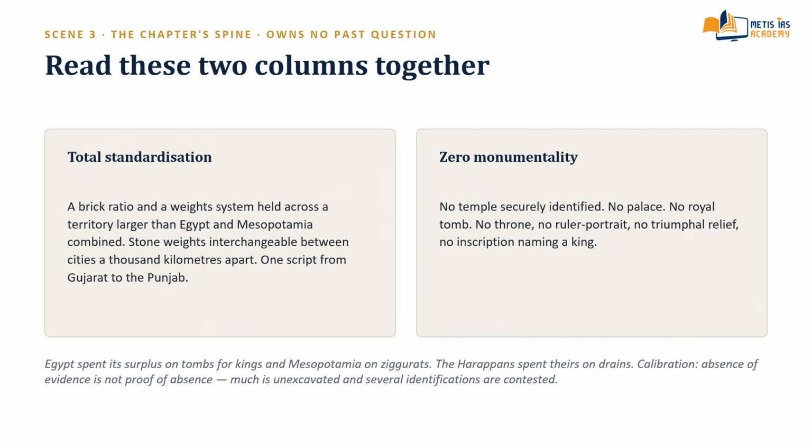On one side we are going to discuss total standardization: a brick ratio held constant across a territory larger than Egypt and Mesopotamia combined, a weights system in binary and decimal multiples, and stone cubes so accurate that they are interchangeable between cities 1,000 kilometers apart, a single script used from Gujarat to the Punjab, town plans that repeat, drainage that repeats. And on the other side, zero monumentality.